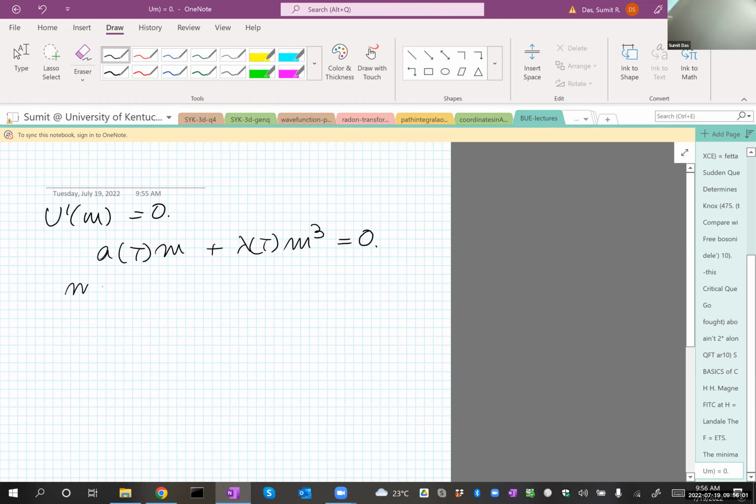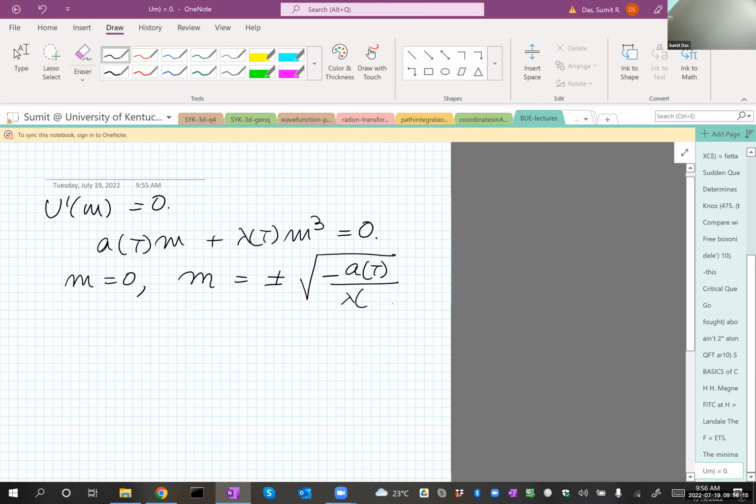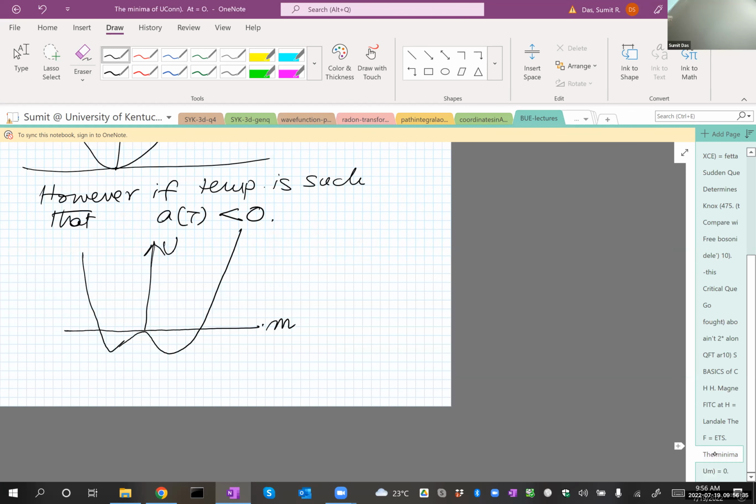This has three solutions, M equal to 0 and M equal to plus or minus square root of A of t by lambda of t. And these non-trivial solutions are real only if A of t is negative. And this is precisely the situation here.